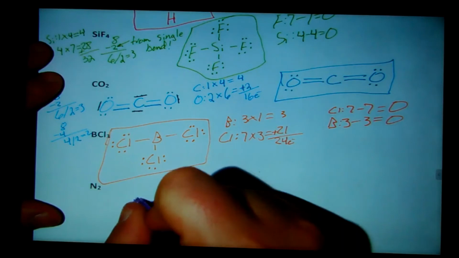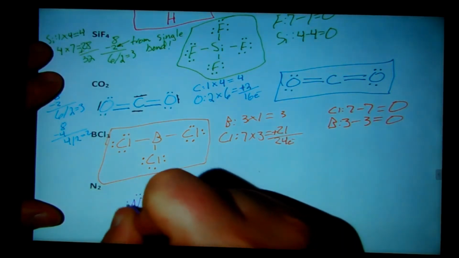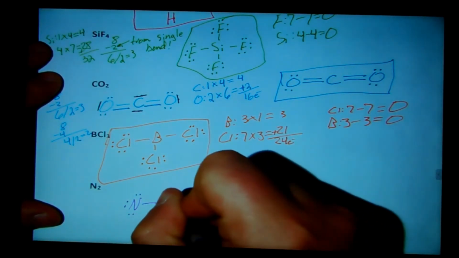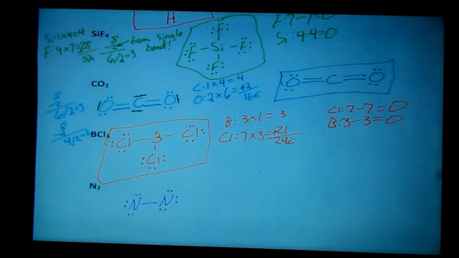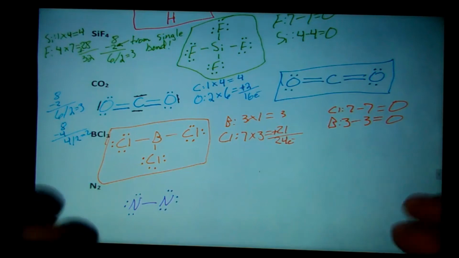So, draw a skeleton, give a full octet. I believe you guys are getting this by now. You should start with that image right there of nitrogen. And then from here we're going to break it out.